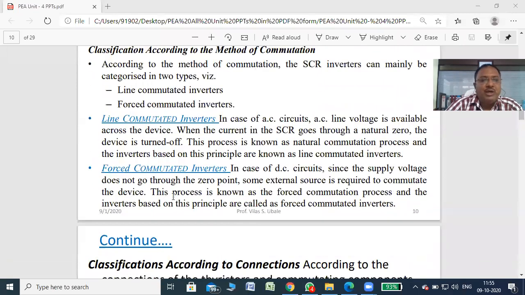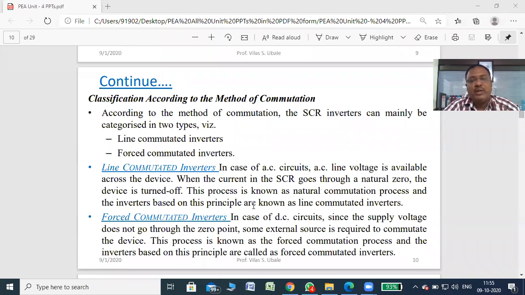The next one is a line commutated or force commutated inverter. In AC circuits, AC line voltage is available across the device. When the current in the SCR goes through a natural zero, the device turns off. This process is known as natural commutation, and the inverter based on this principle is known as a line commutated inverter.